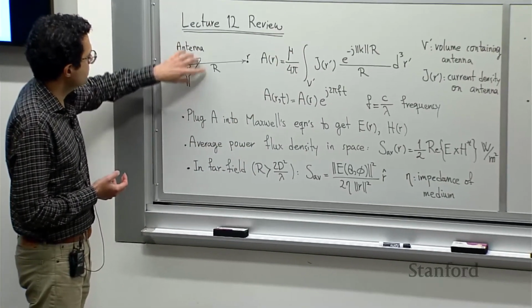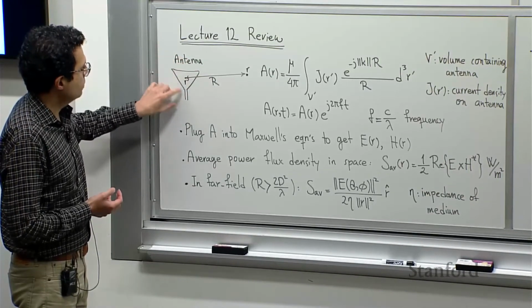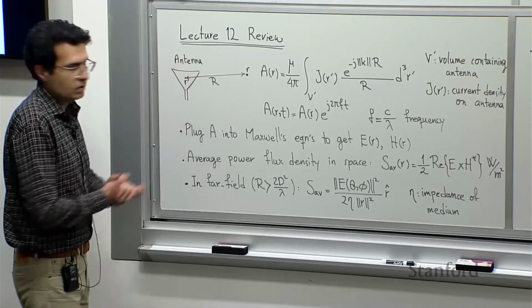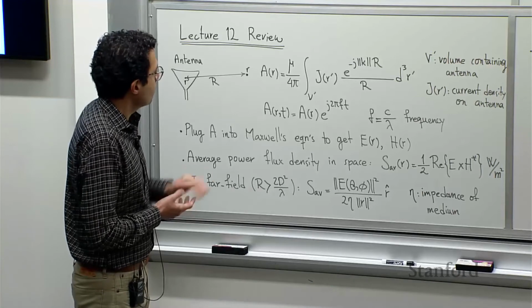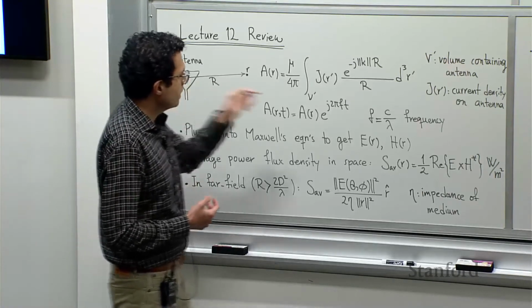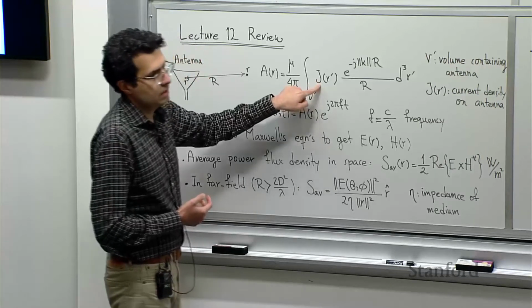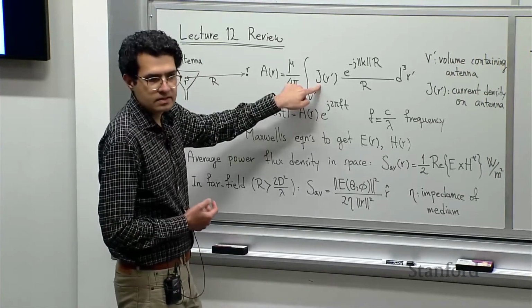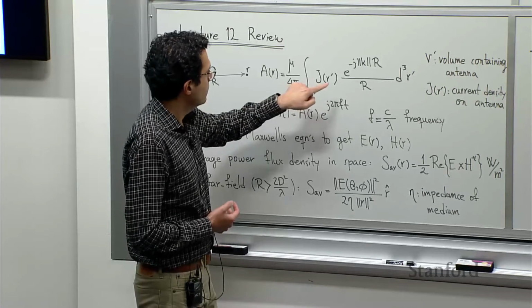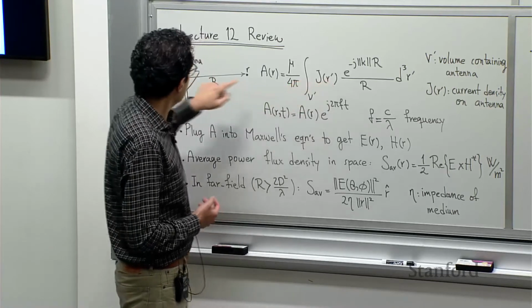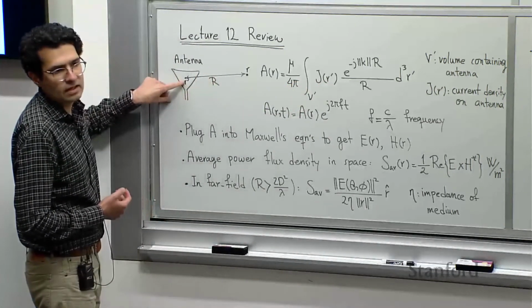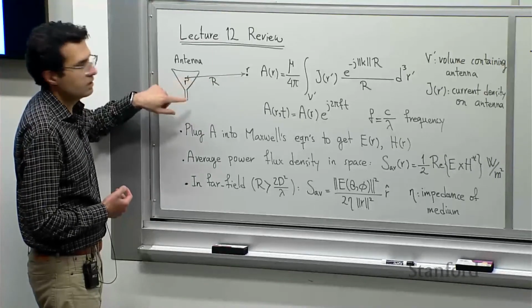So if you have this antenna, you want to make sure you integrate over the entire shape of the antenna. And then what is the integrand? The integrand is the current distribution on the antenna. So that's J, the electric current density in amps per meter squared at point R prime. What is R prime? R prime is the point on the antenna that's the variable of the integration.